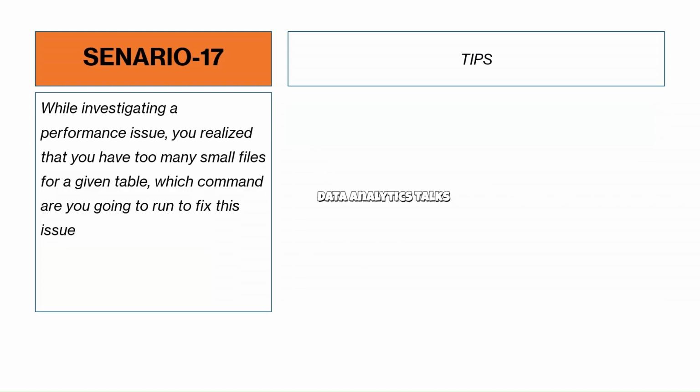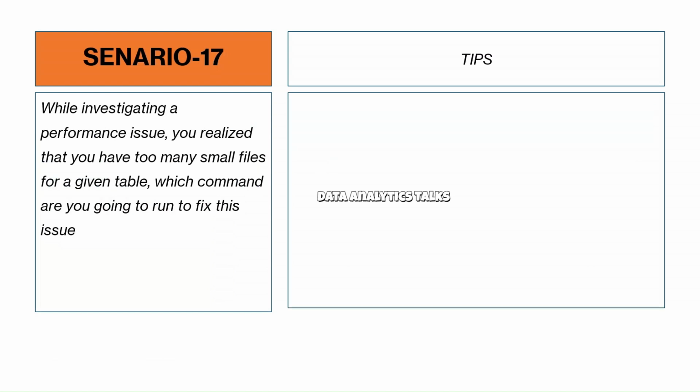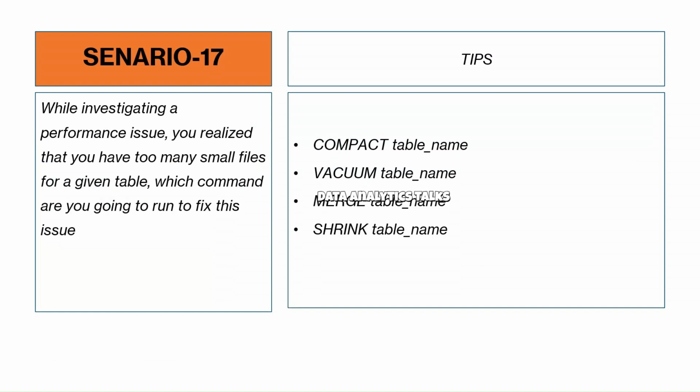So scenario 7: while investigating a performance issue, you realize that you have too many small files for a given table. Which command are you going to run to fix this issue? Let's see the options: compact table name, vacuum table name, merge table name, shrink table name, optimize table name. Here you have to importantly remember vacuum and optimize.